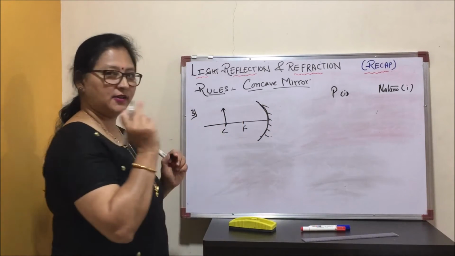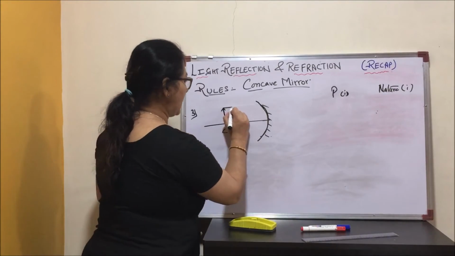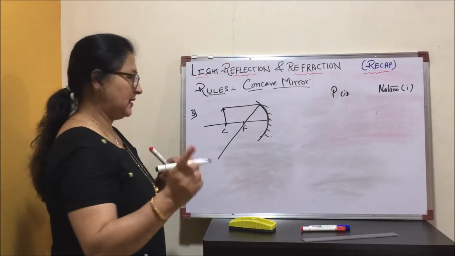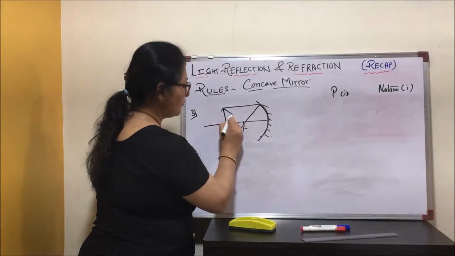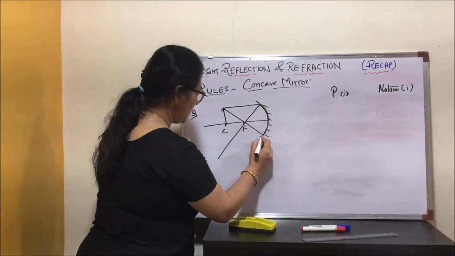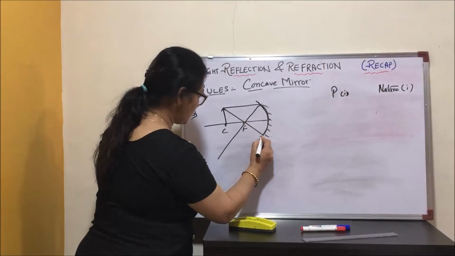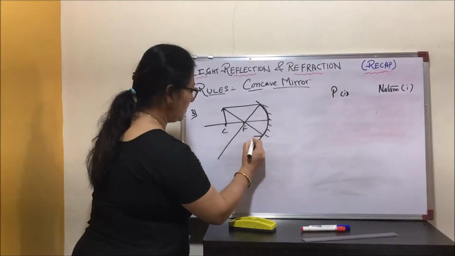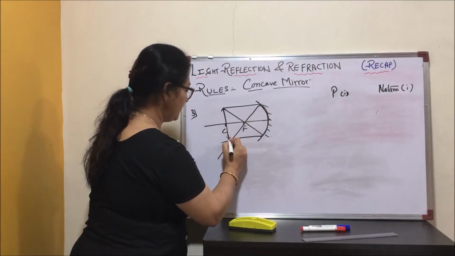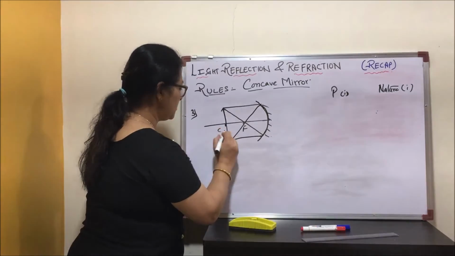So let's take the first ray, which is parallel to the principal axis. After reflection, it passes through the focus. The next ray will go through the focus, and after reflection will be parallel to the principal axis. So over here, the image is forming.